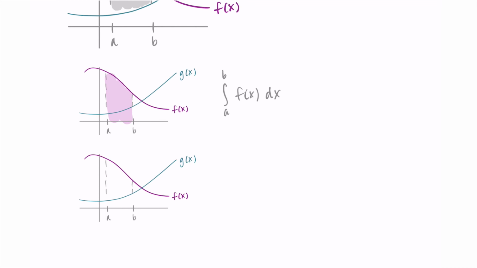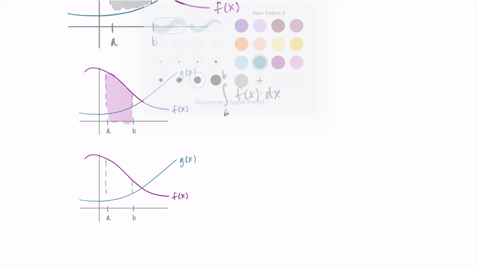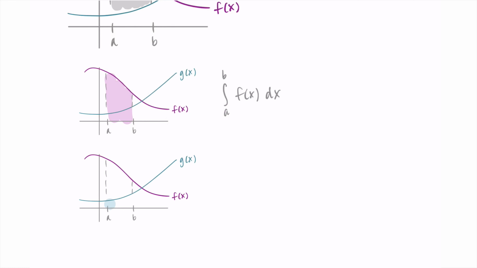If I now look at the area under the graph of g, that area is exactly the area I'm trying to get rid of. So I can take the integral from a to b of g of x dx, and that's going to remove that little piece of area.